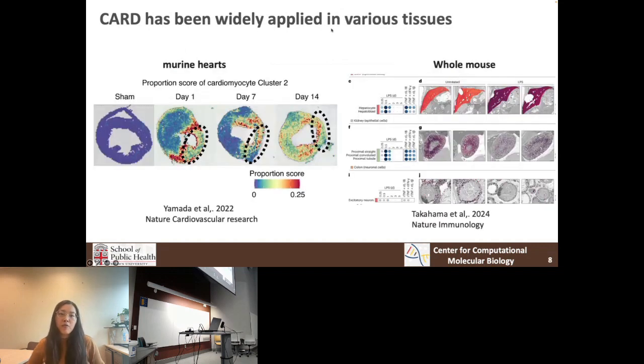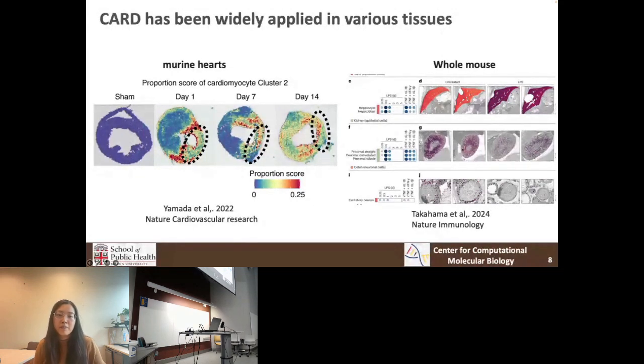We also found that other people in the field who generate their own spatially resolved transcriptomics data use CART to estimate cell type compositions, so it has been widely applied in various tissues. For example, a paper published in Nature Cardiovascular Research used CART to estimate the proportion score of cardiomyocytes, to see whether this score changes from control tissue to day 1 to day 14 in the murine heart tissue.